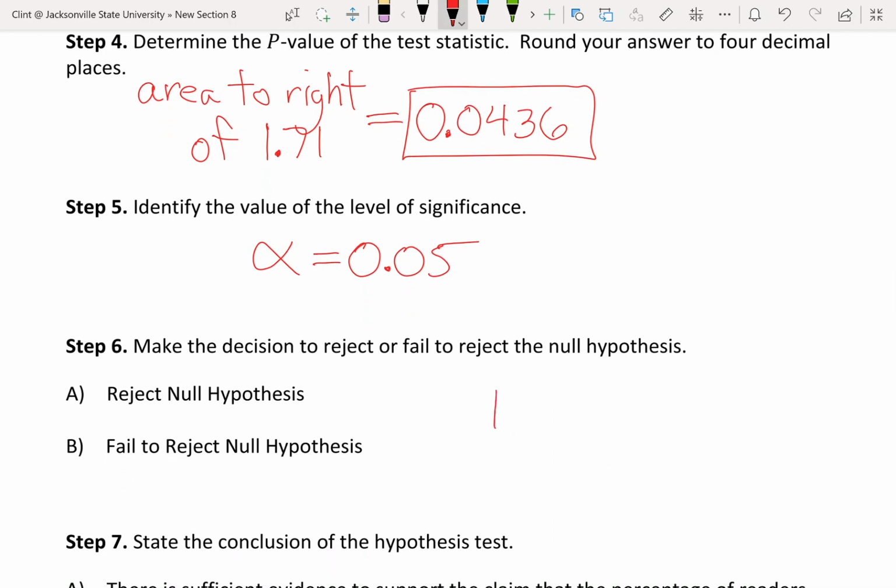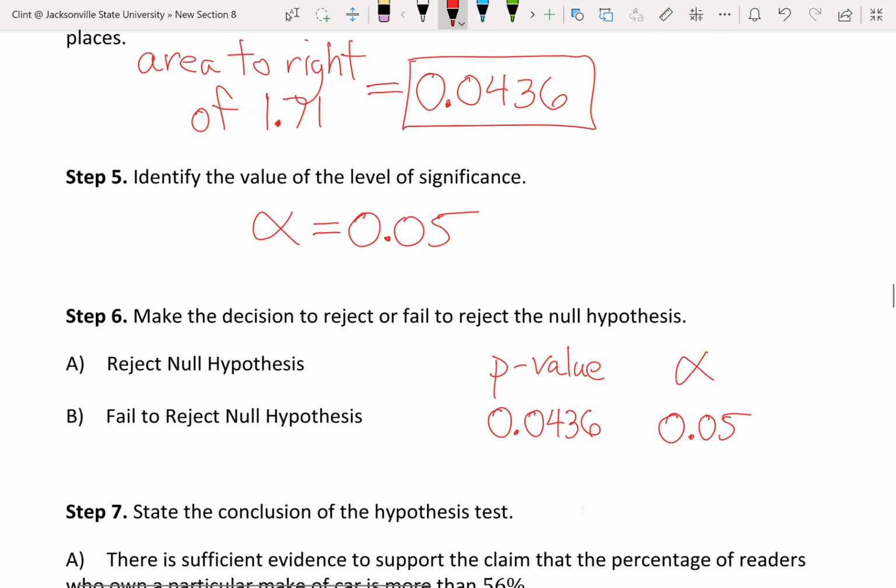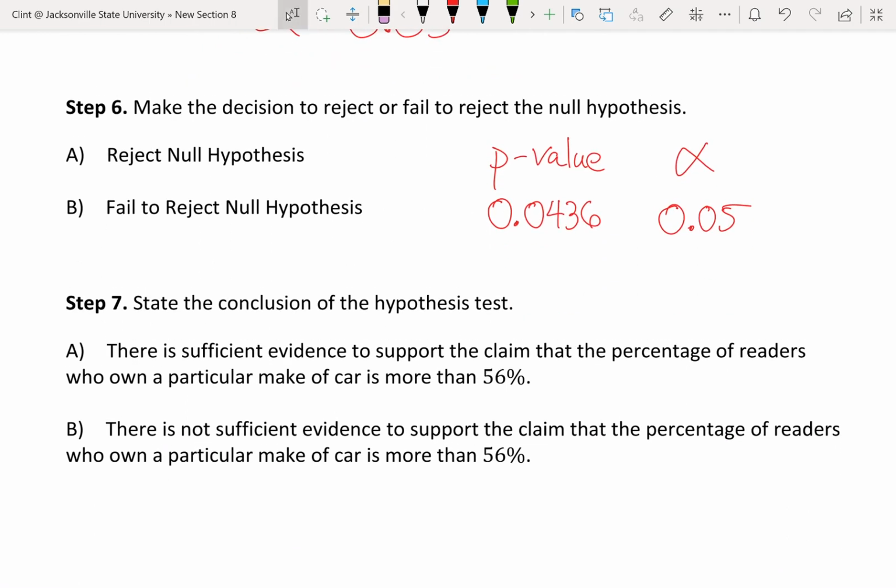Step 6 says make the decision. So what's our situation this time? Yeah, p-value is smaller than alpha by a little bit. So we reject the null hypothesis.